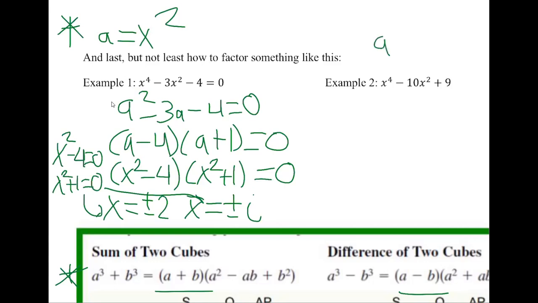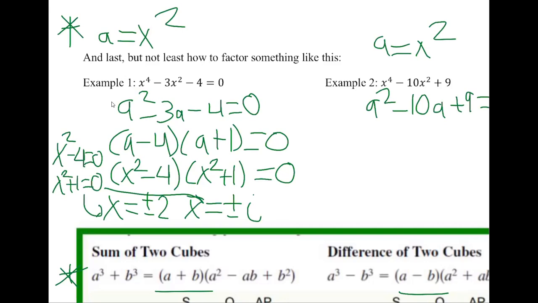But you could do the same thing here. It doesn't have to be a equal to x squared. For example, you could substitute in an x cubed or something. But like I said, if this doesn't make sense, don't worry too much, because this probably isn't something you're going to see a whole lot. It basically lets you turn it into a quadratic or something you can deal with.